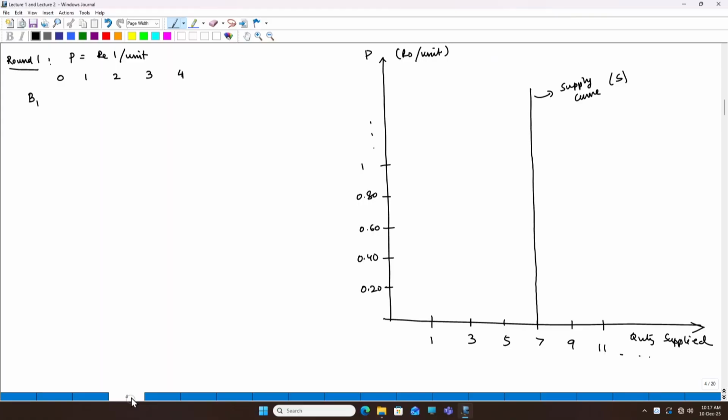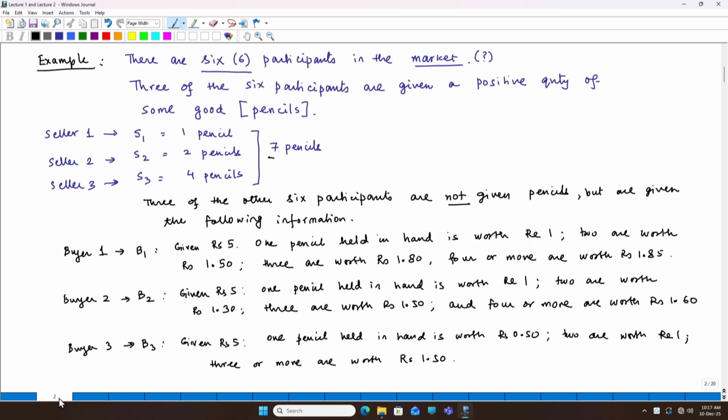Okay, that is decided. Buyer 1 is not deciding, that is somehow decided. Why? Because we have started with the price of 1 rupee per unit. We are also told that 1 pencil held in hand is worth 1 rupee. So, does buyer 1 want to pay 1 rupee to get something which is worth 1 rupee? Well, what will be his net gain? His net gain will be 1 minus 1, which is 0.